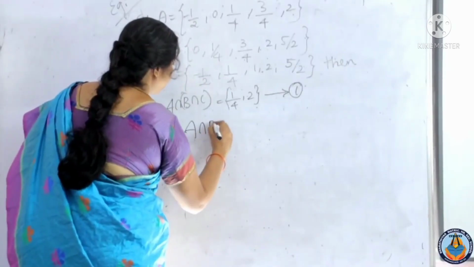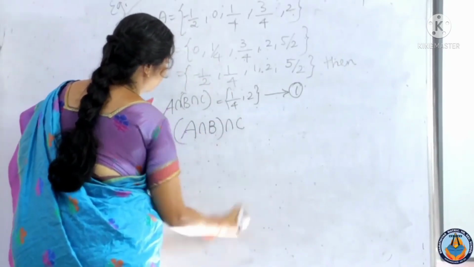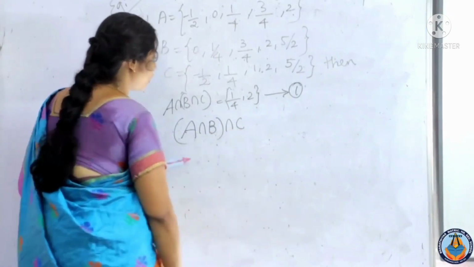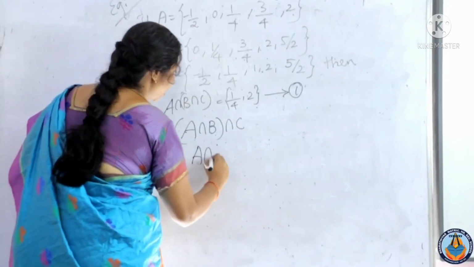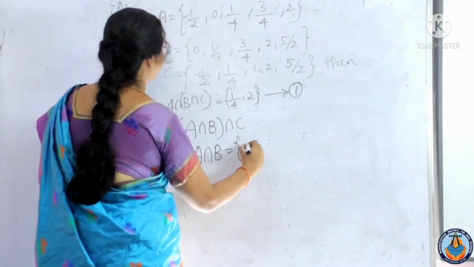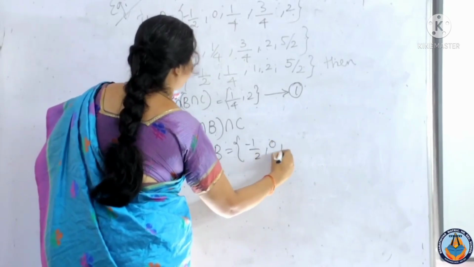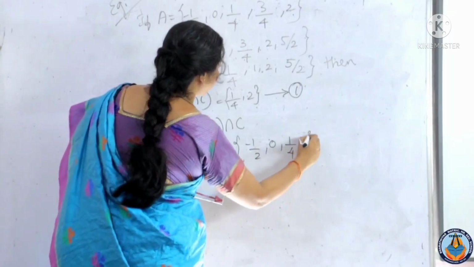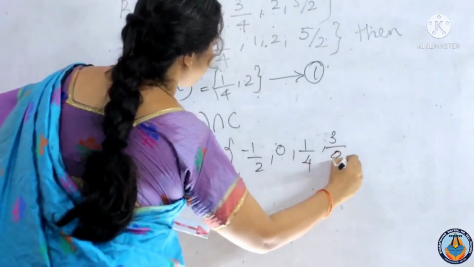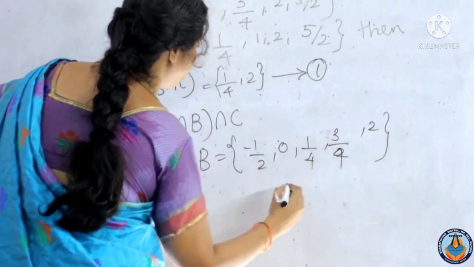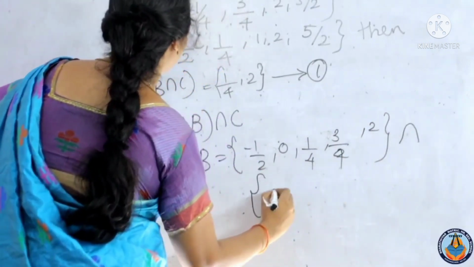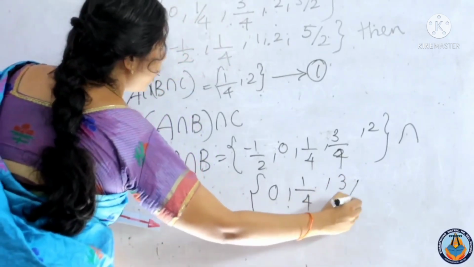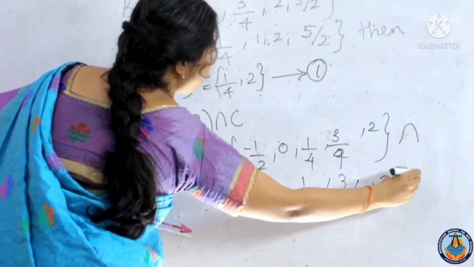Now A intersection B intersection C, we have to solve. First solve the brackets. A intersection B is equal to -1/2, 0, 1/4, 3/4, 2 intersection 0, 1/4, 3/4, 2, 5/2.